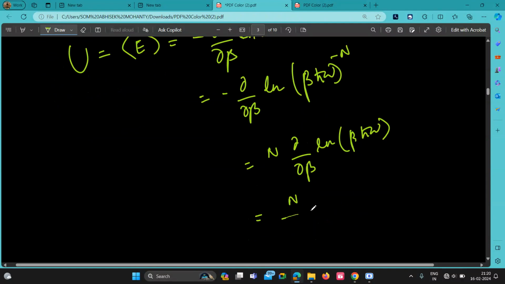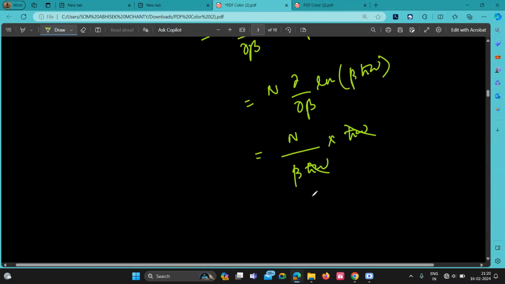So N by beta h cut omega into the derivative of this one. So this will be N by beta, right? And beta we know is 1 by kT, so 1 by beta goes up as kT.